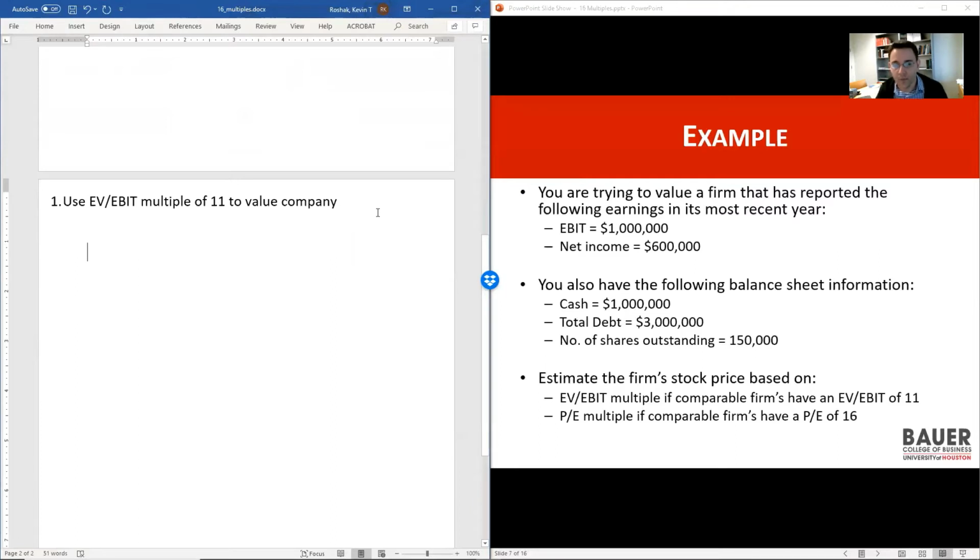All right. So comparable companies have this multiple. We need to figure out the enterprise value over EBIT for our company, and then translate that into the stock price.